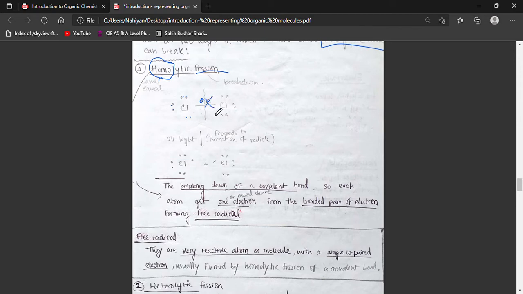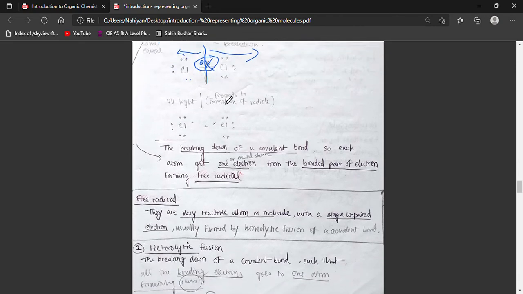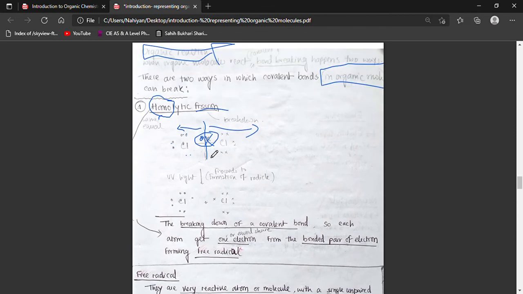So when these two atoms break, this was the bonded pair of electrons. The name homo suggests that during the fission they take away an equal amount of electrons. In the bonded pair there are 2 electrons, so now each one will take one of them.